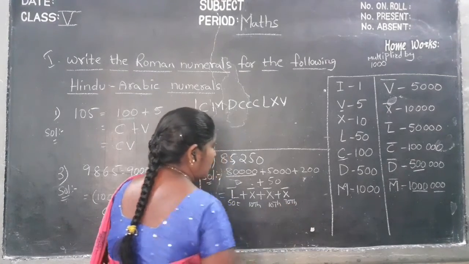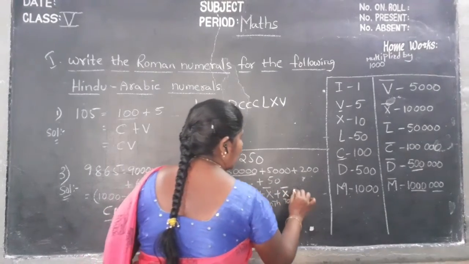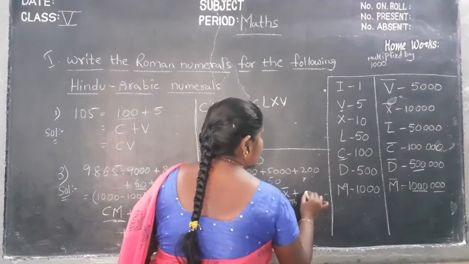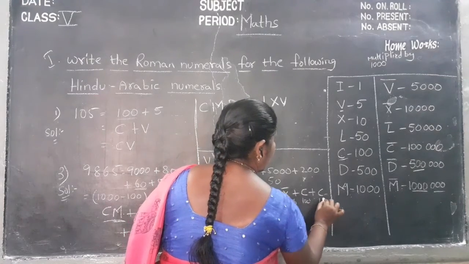Up to here how many thousands are there, children? 80,000. Again we have 200. How to write 200? C plus C, 100 plus 100.